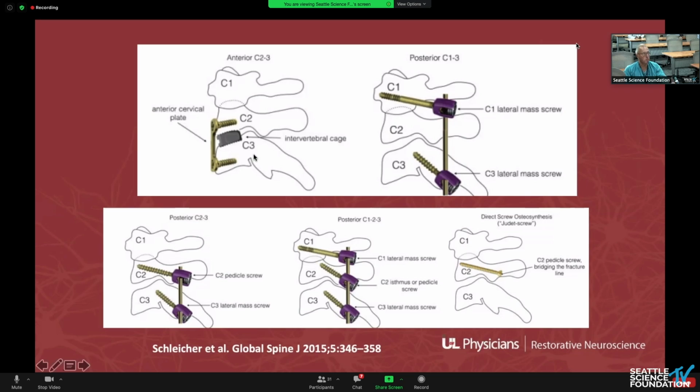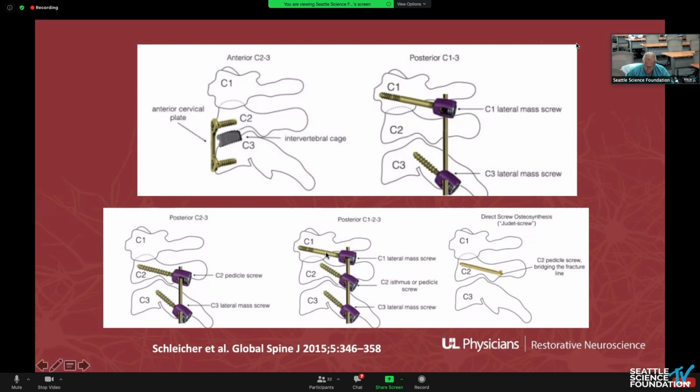This slide shows the surgical options. So you can do a C2-3 ACDF, you can do a C1 to 3 fusion, you can do a C2 to 3. Remember, the instability is between C2 and C3, and so whatever you do, you need to go across from C2 to C3.